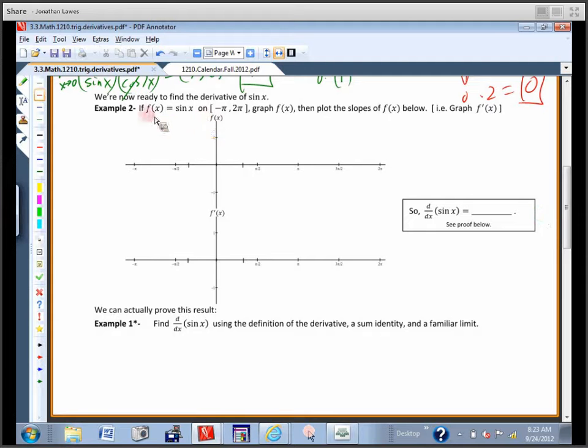So our function is sine of x. Remember, that starts at 0, and then at pi halves it's 1, comes back down to 0, hits -1, and then back to 0. So it looks something like that, and I'll do a little bit on each side.